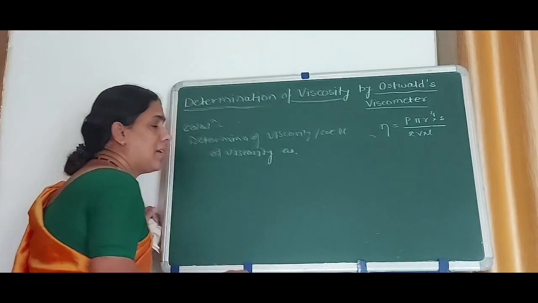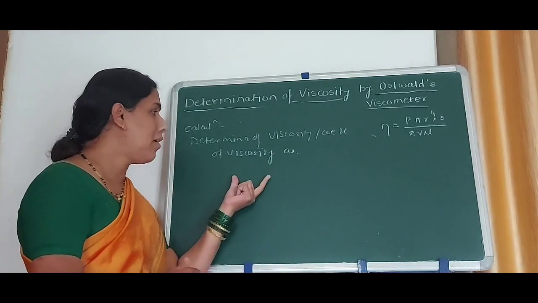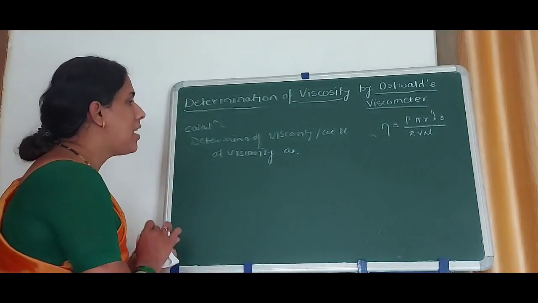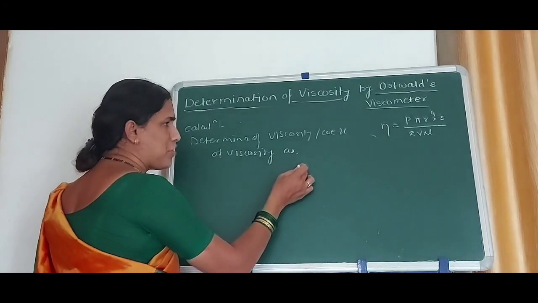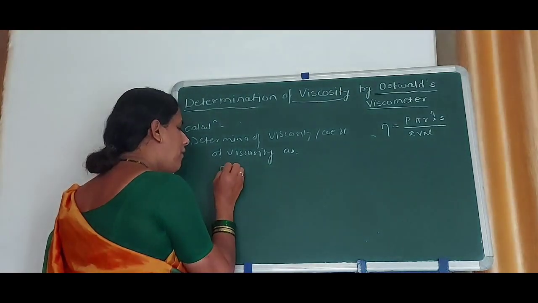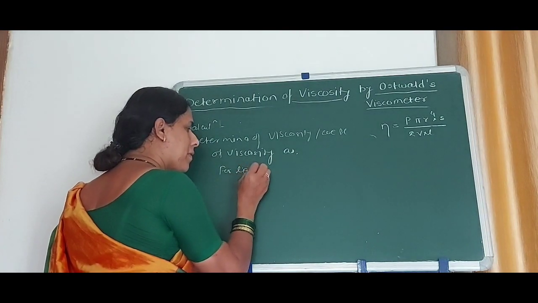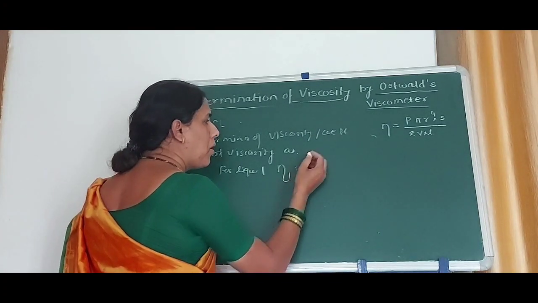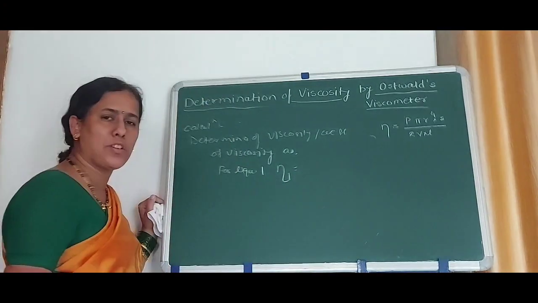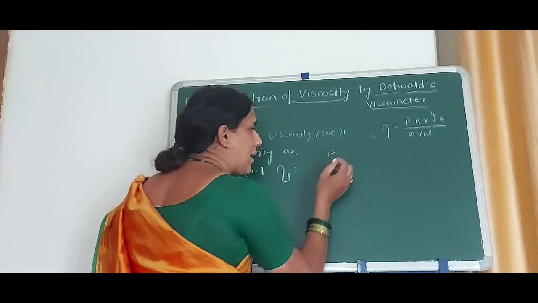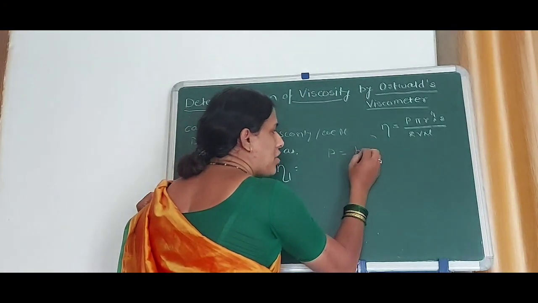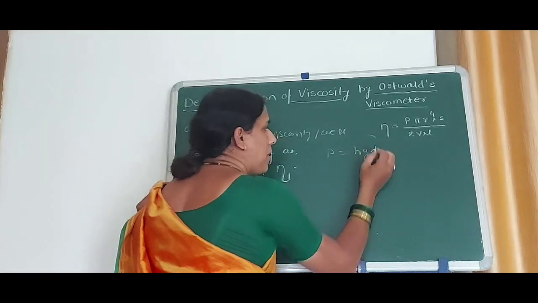Now the pressure exerted on the liquid to flow through the capillary, through the height h, is given by, for liquid 1, eta 1 is equal to, we have to take this applied pressure. What is it? That is this hydrostatic pressure, that is equal to H into G into D.